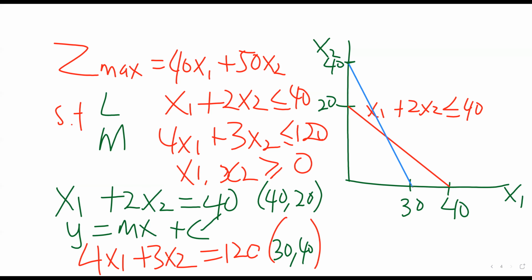That feasible solution area, or a common solution area, is the number that you see here. So let's call this point A, this point B, and that point C. This area that you see here is the feasible solution area.